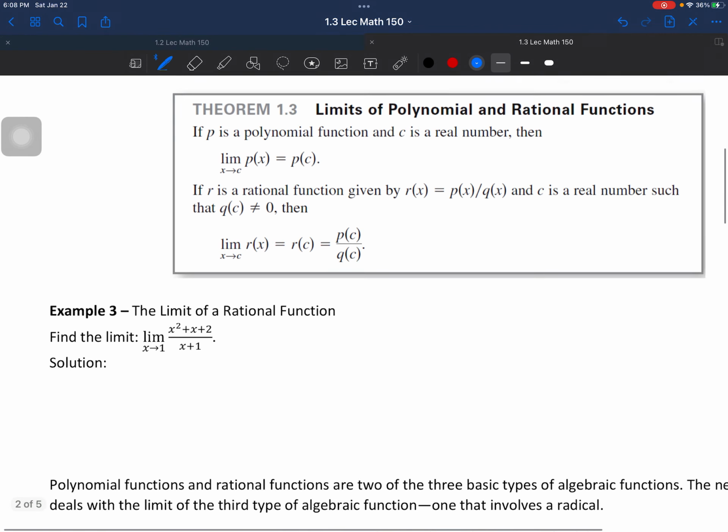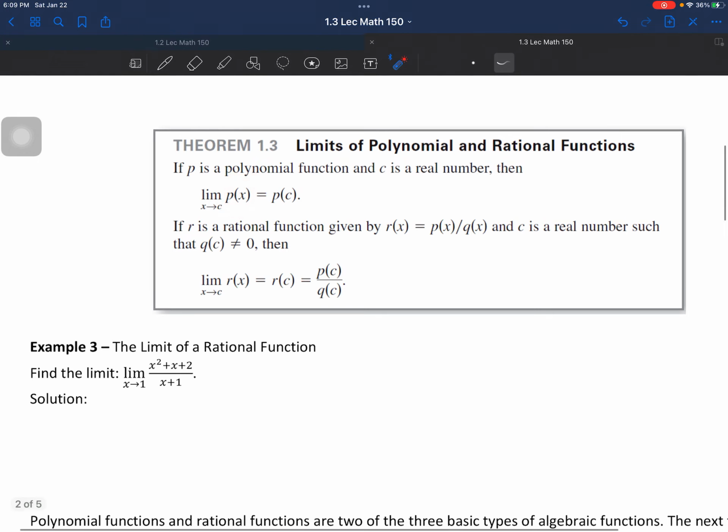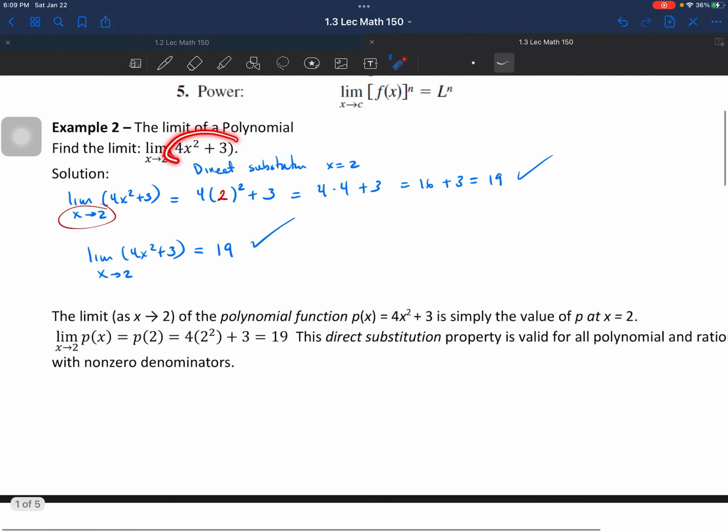So the next one is talking about the limit of a polynomial and a rational function. In general, this will be true: you can use a direct substitution anytime you're dealing with a polynomial. Remember, what is a polynomial?